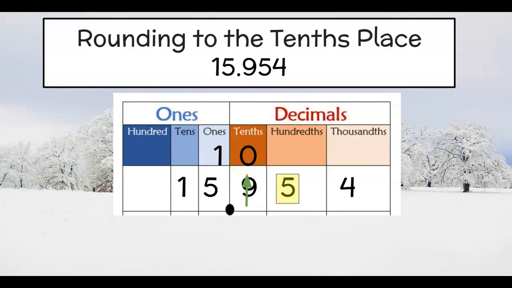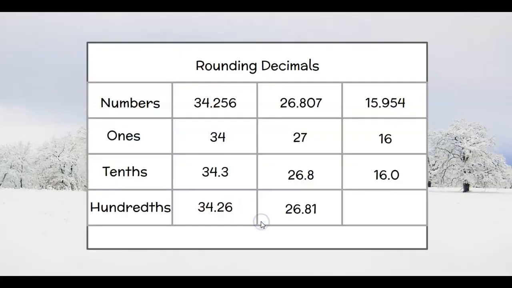So the 0 takes over for the 9, and the 1 gets bumped up and we have 1 in the ones place. We add the 1 and 5 together, we get rid of these back numbers, and we have 16. Okay, so remember that 9 gets bumped up to a 10, the 1 has to be added to the 5, and you get your 6. All right, so we have 16 in both of these that it will round to.